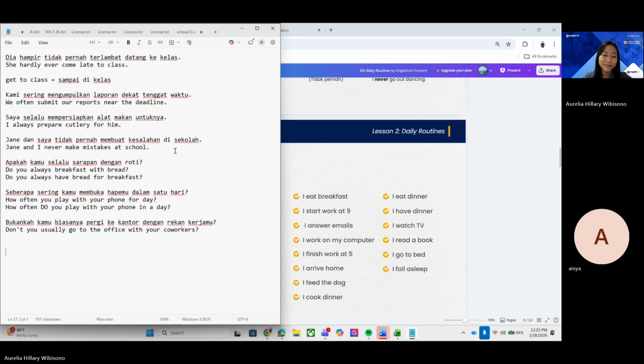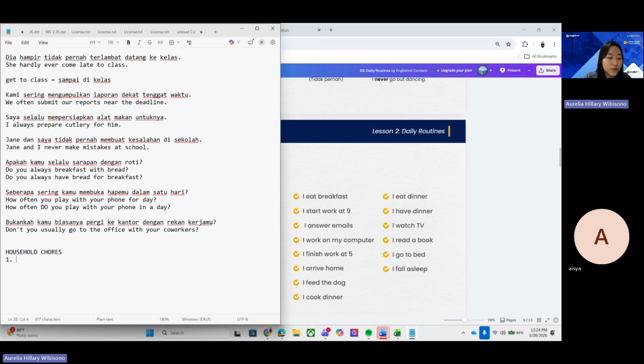No. House, course. Of course. Okay, that's correct. You can say household chores, but if you say only household, itu artinya cuman rumah tangga. Household chores.